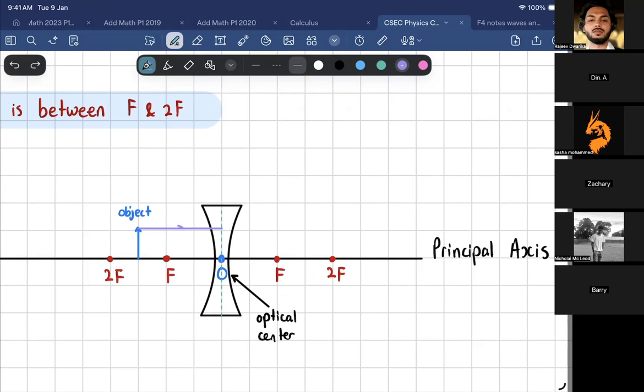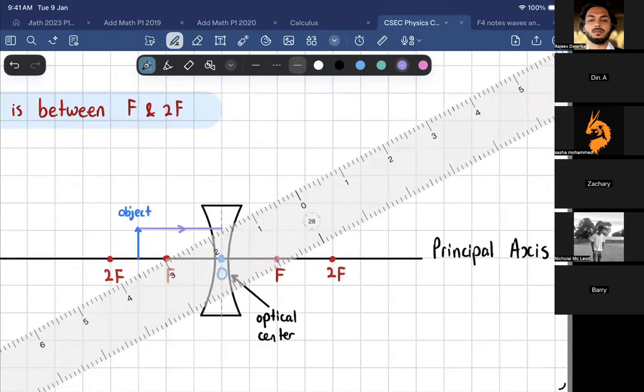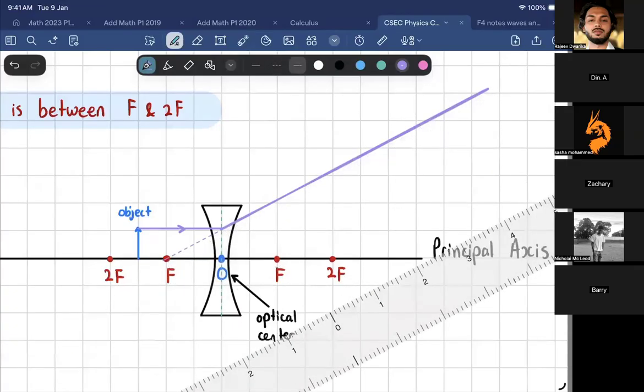And for me to draw the diverging ray, I'm going to take my ruler and align it like so. You follow it? Yes, sir. I'm going to draw a dashed line over here and a solid line over here.